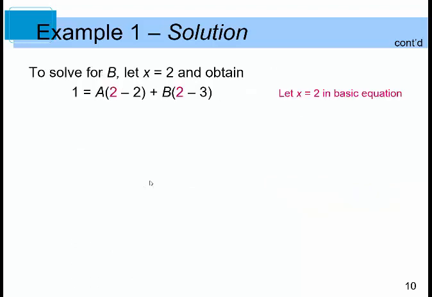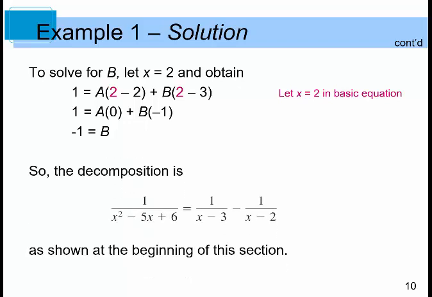So plugging in 2 here gets rid of the a, and b is equal to negative 1. So our decomposition here is a, which was 1, over x minus 3, plus b, which is minus 1, so I just moved the minus in front, 1 over x minus 2, which is what we saw at the beginning.